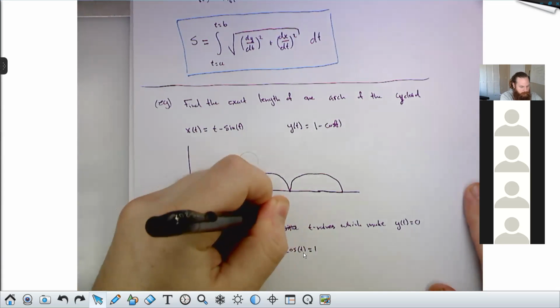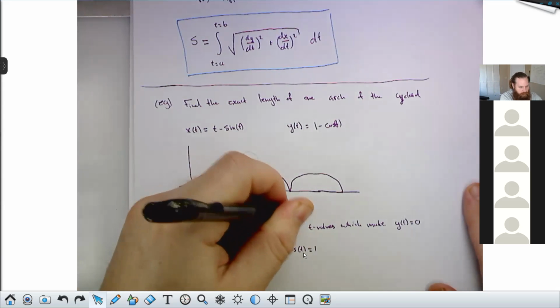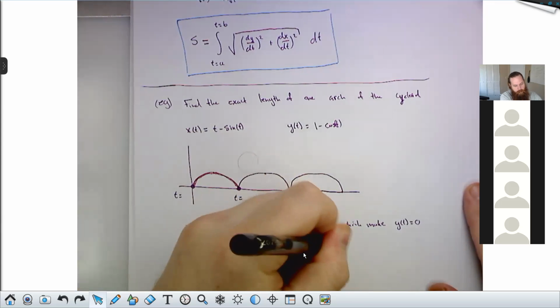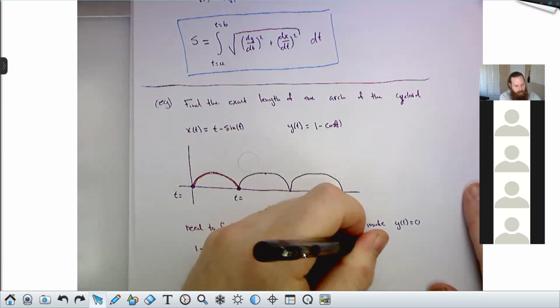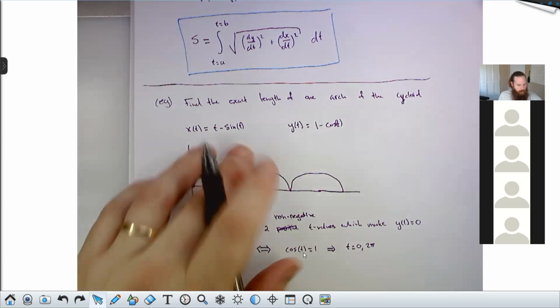I should say non-negative. So these are t equals 0 and 2 pi. Of course, there's infinitely many solutions: 4 pi, 6 pi, 8 pi. Also, -2 pi, -4 pi, -6 pi. Any even multiple of pi will work.